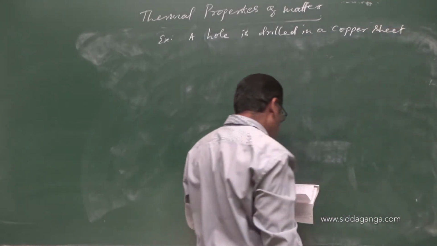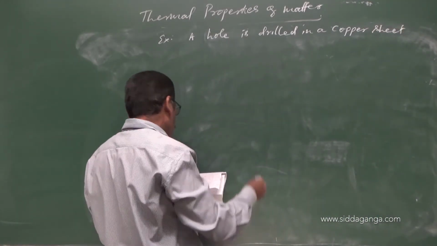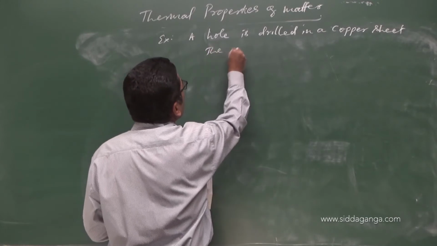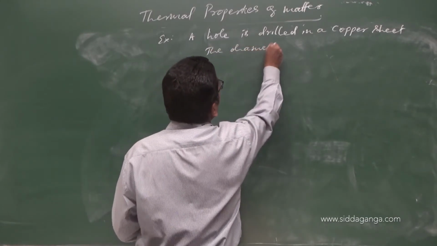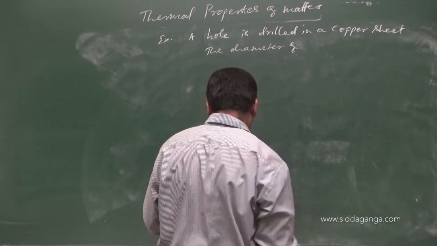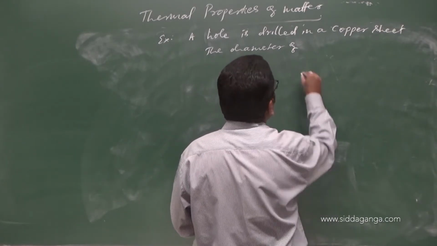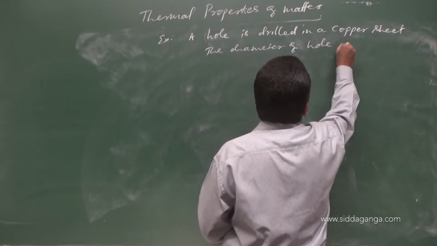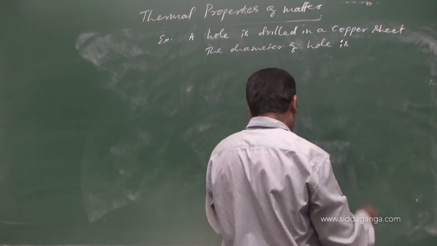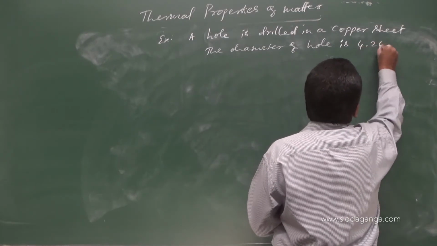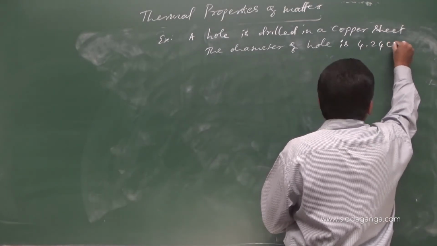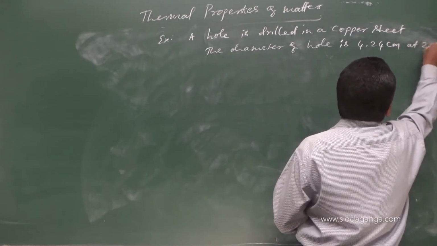The diameter of the hole is 5.24 centimeter at 27 degrees Celsius.